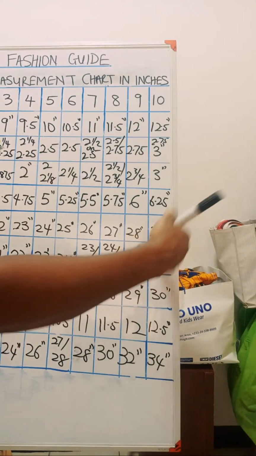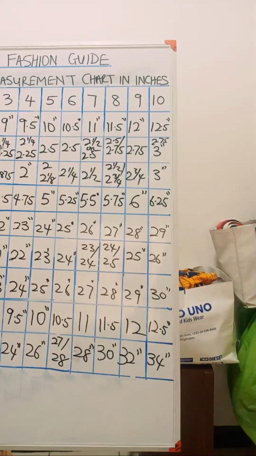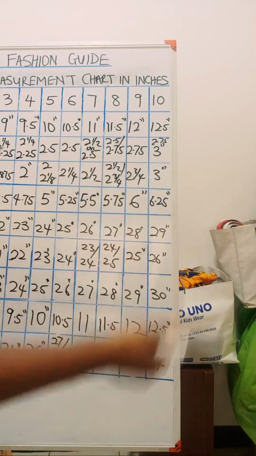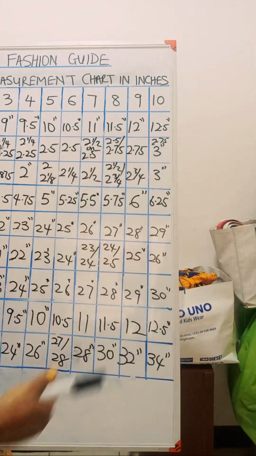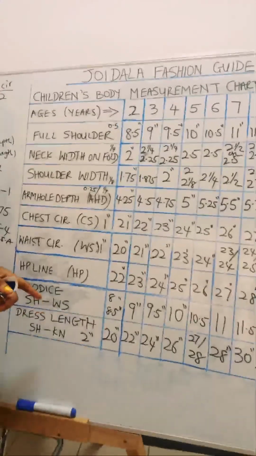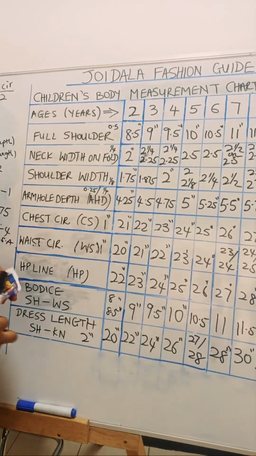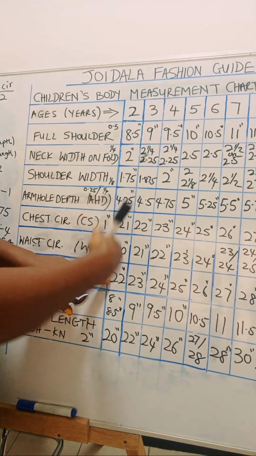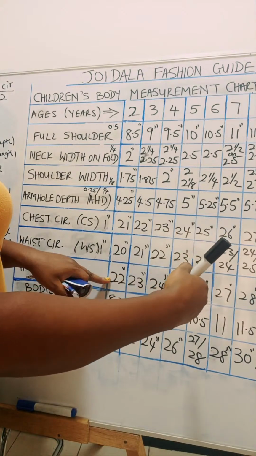That means for a 11 years old, you just add 1 inch to that. That will be 27. And then for 12 years old, add 1 inch to that. That will be 28. Okay, so the next one I want to look at is the hip line. The same thing that applies to the waistline also applies to the hip line.